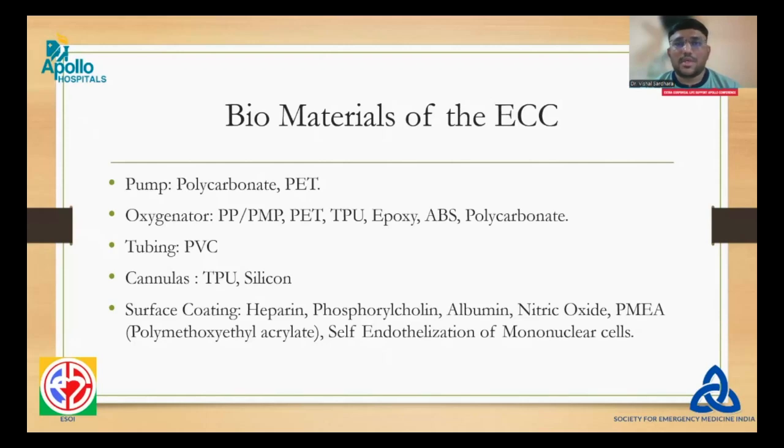Also, epoxy material is being used. ABS is also being used as components, and polycarbonate for the outer shells of the oxygenator. So these are the materials which are being used. All of these materials have biocompatibility.